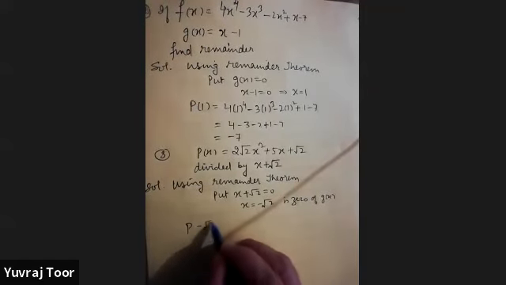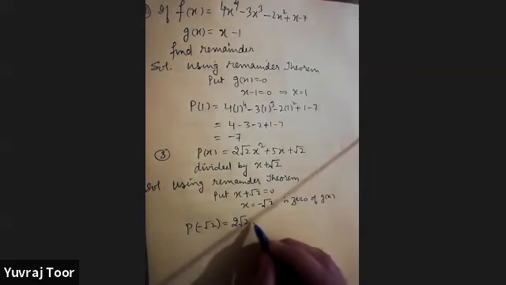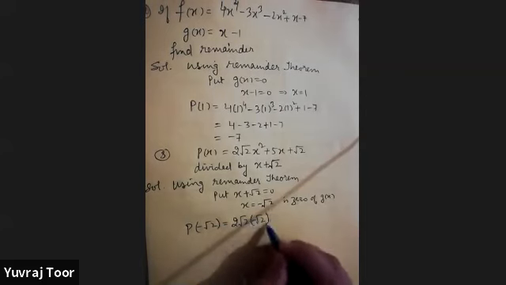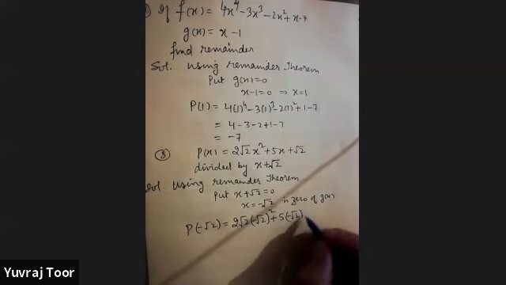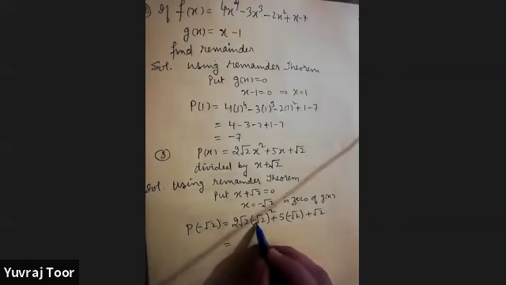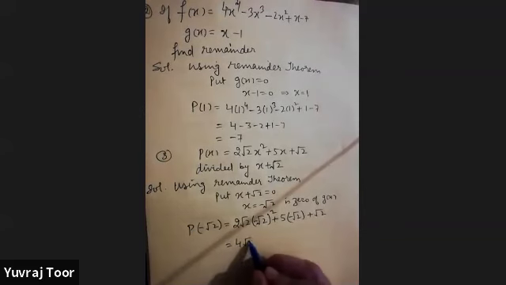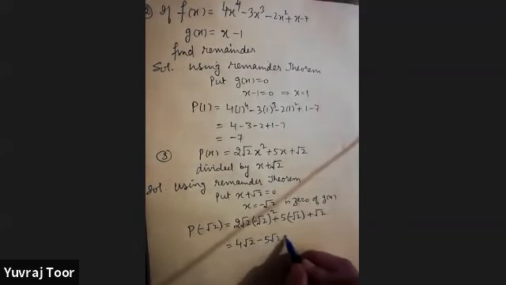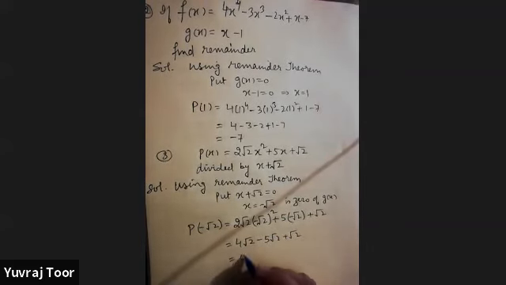Put minus root 2. So it is 2. This is minus root 2 into minus root 2 is 2. 2 into 2 is 4. 4 root 2. This gives me minus 5 root 2 plus root 2. These are to be added and the final answer is 0.